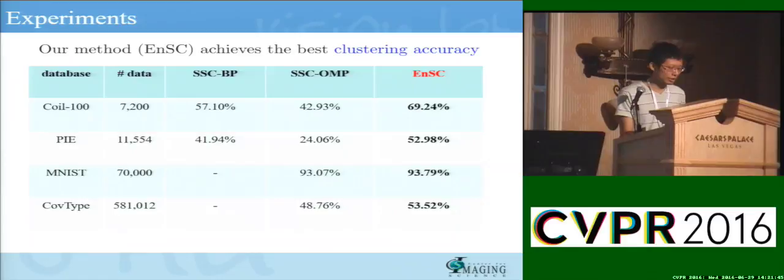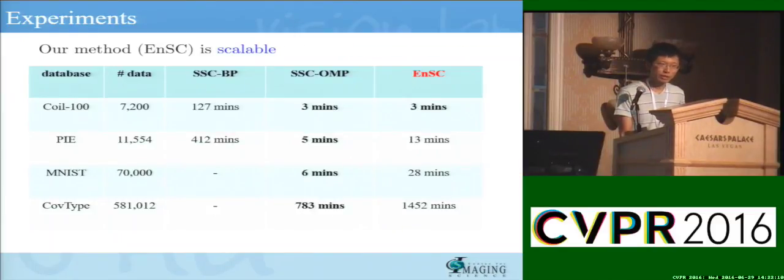First, we illustrate the clustering accuracy of our method ENIC compared with the previous 2, SSE-BP as well as SSE-OMP. As we can see, ENIC achieves the best clustering performance. And this is explained by the fact that it offers a trade-off between the effect of correct connection and connectivity.